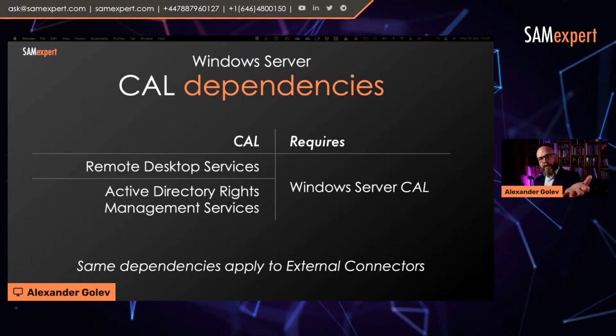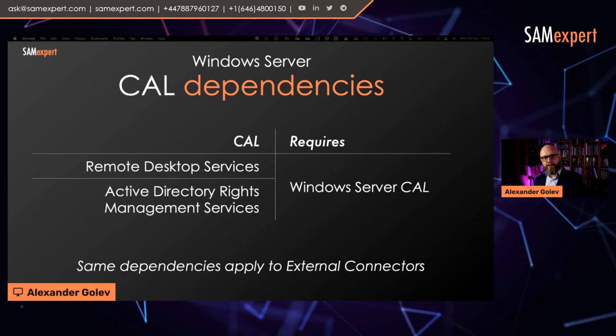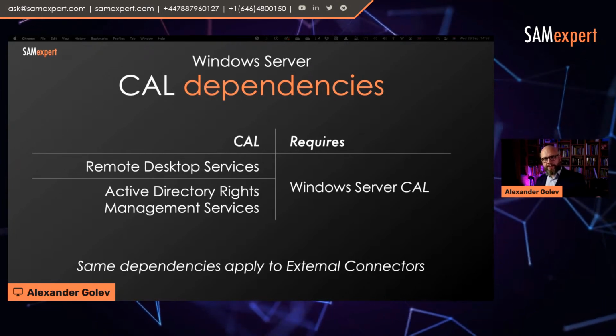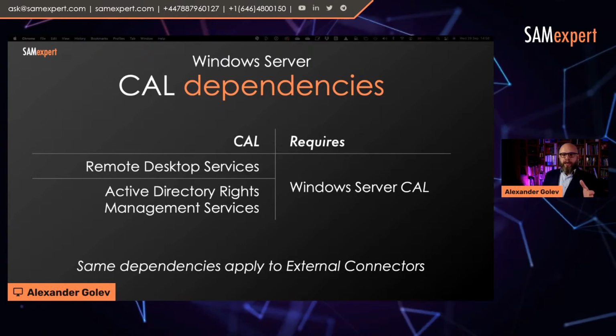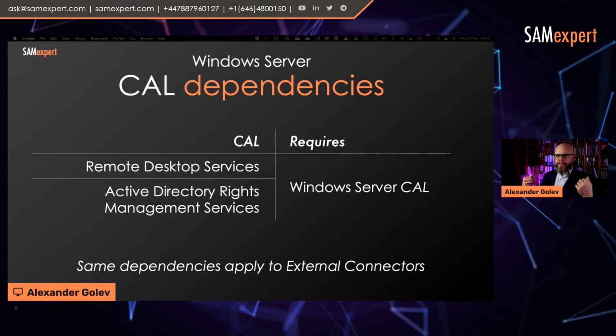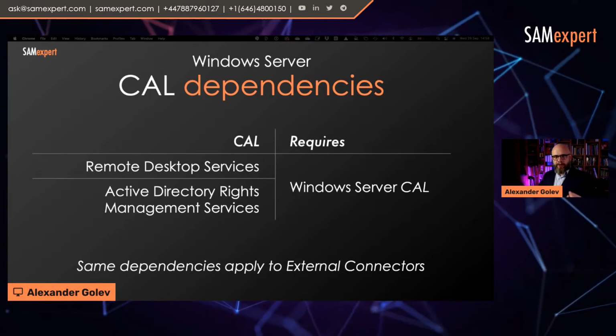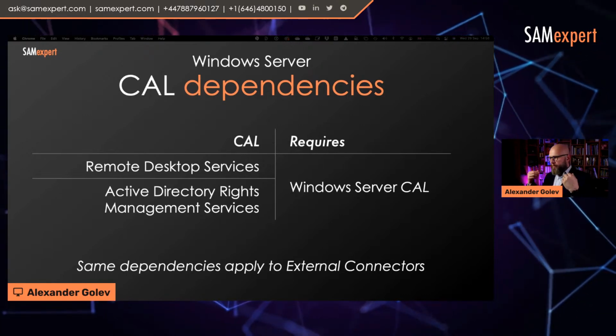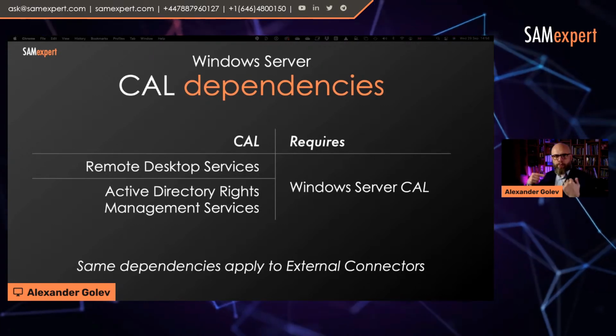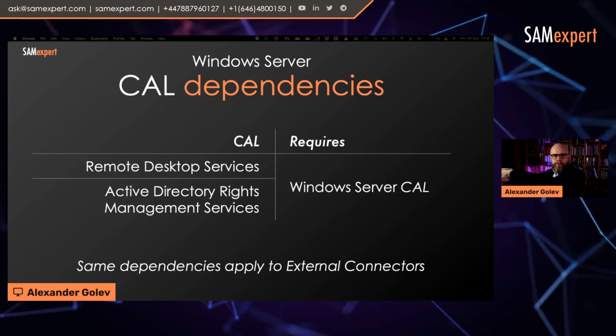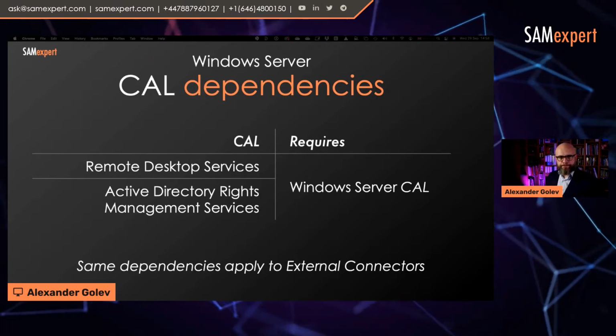Citrix solutions require Remote Desktop Services client access licenses in addition to Citrix licenses. It's basically a client access license that you need to have the right to open that remote desktop session from home, connecting to the server in your office.